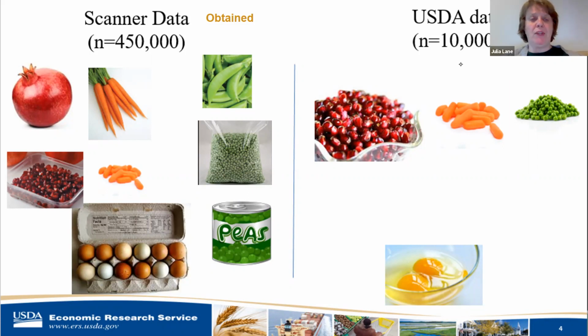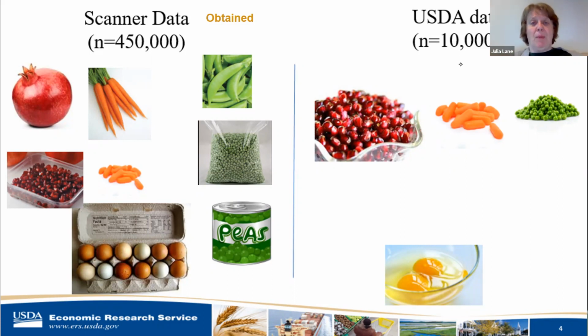There might be 450,000 different ways in which goods are made available in the store, and they need to translate that into the edited version of that, which maps onto the measure that they're really trying to get at, which is the measure of healthy food. So you can see when you get overwhelmed by massive amounts of data, what you're really trying to do there is you're trying to take the observed information and turn it into something that can be analyzed. And so human beings and anyone is going to have some error in that translation.